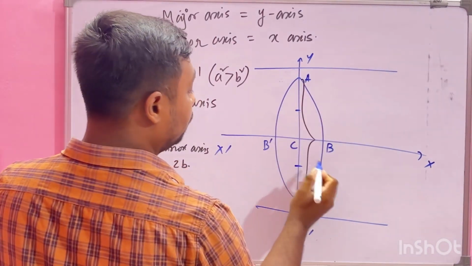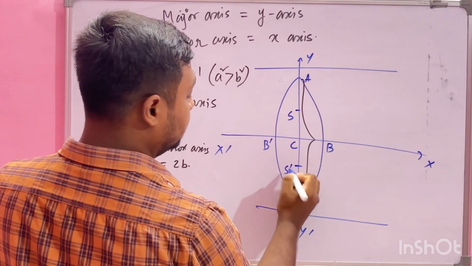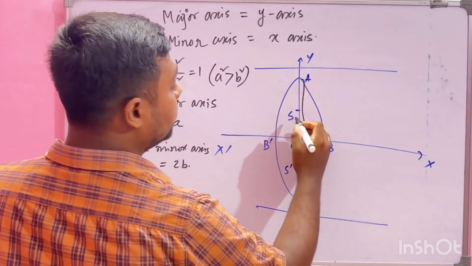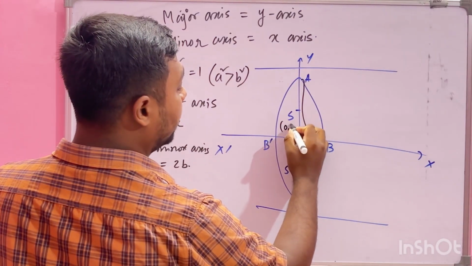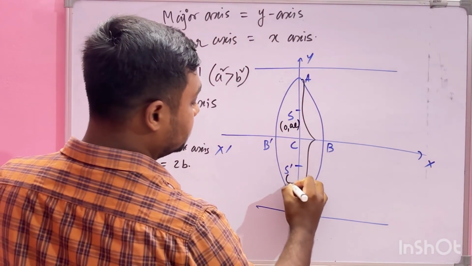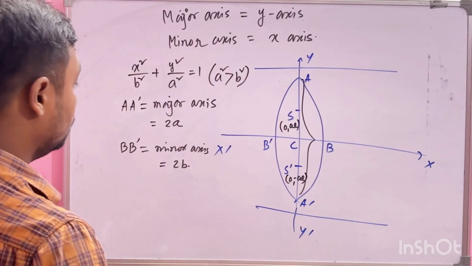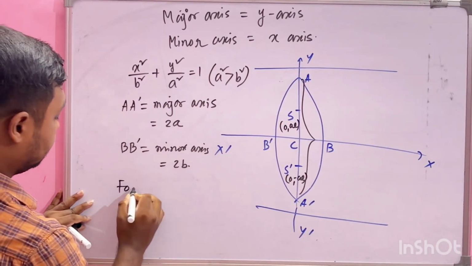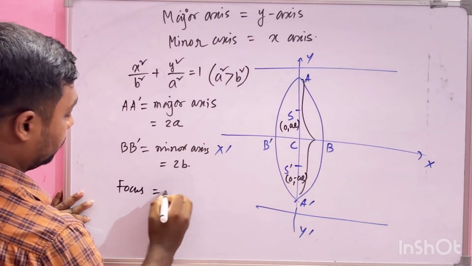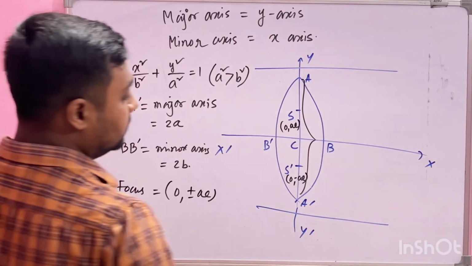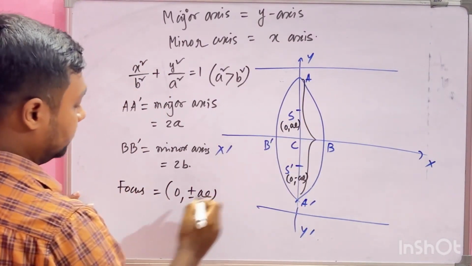One will be here and one will be here. One is S, another is S dash. The coordinates of the focus S will be (0, ae), and this is (0, minus ae). So the foci are (0, plus minus ae). Obviously the center of this ellipse is (0, 0).